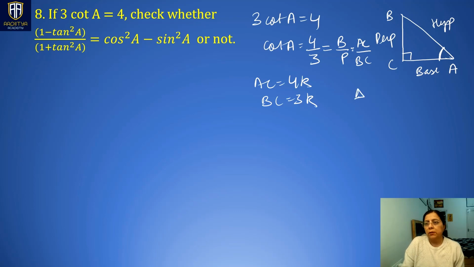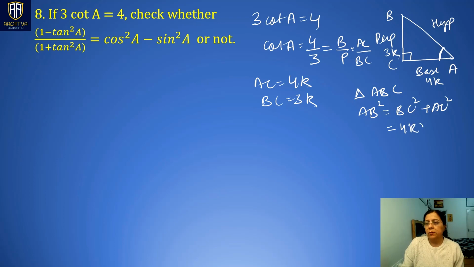So in triangle ABC, AB square is equal to BC square plus AC square. What we are given is AC is 4K, BC is 3K.